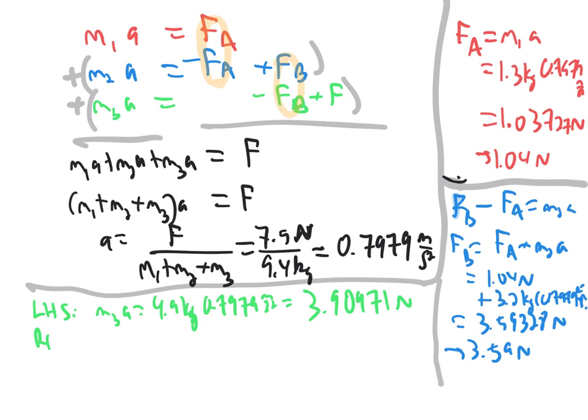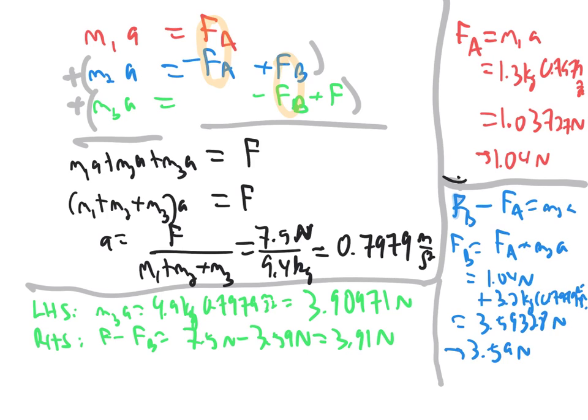And our right-hand side is F minus FB, so it's 7.5 newtons minus the 3.59 newtons, which is 3.91 newtons. And we can see that to within sig figs, these agree, as we would expect them to. So you can do that as sort of a third check.